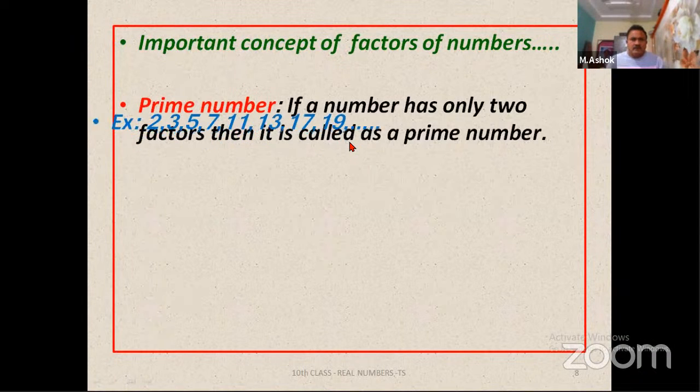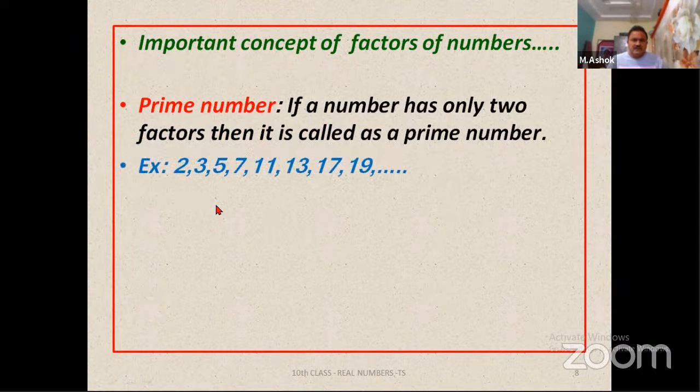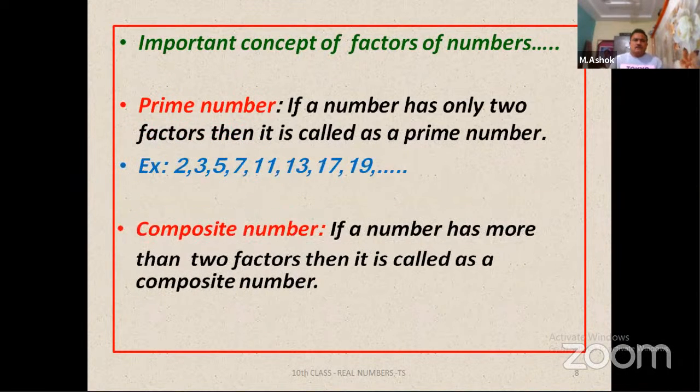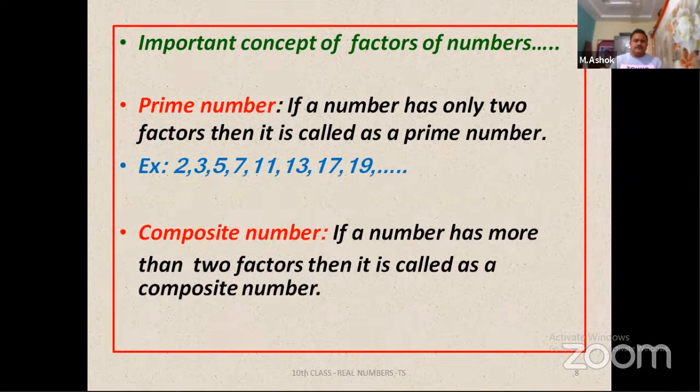Give a few examples: 2, 3, 5, 7, 11, and so on. These are the prime numbers. So, what is a composite number? If a number has more than two factors, then it is called a composite number.